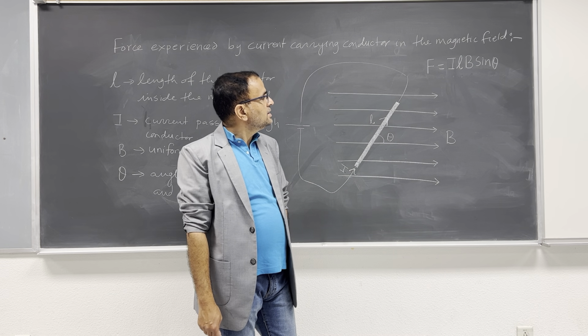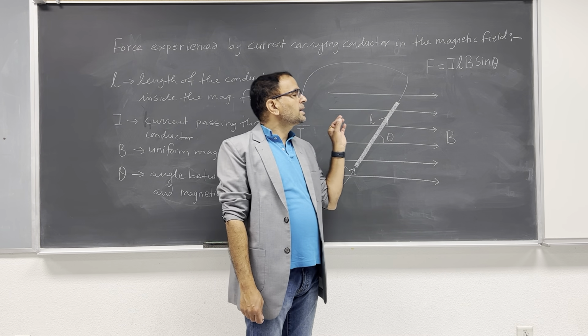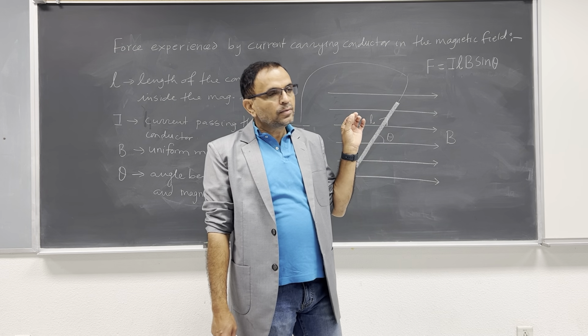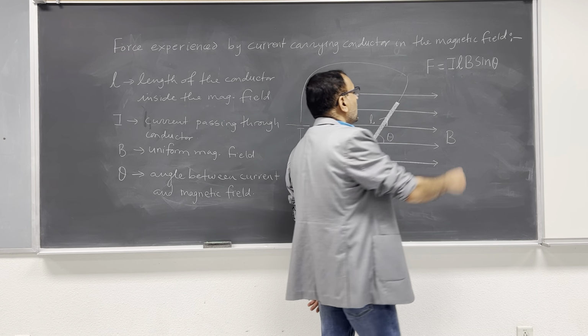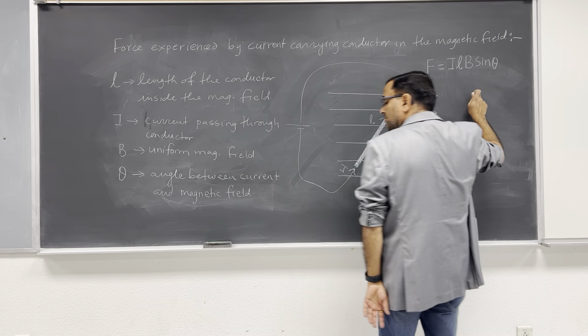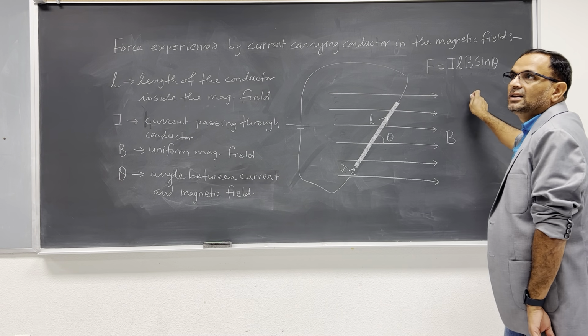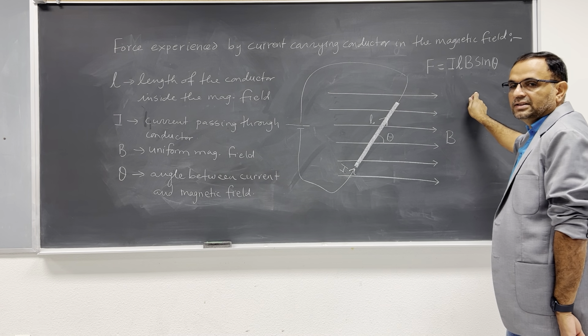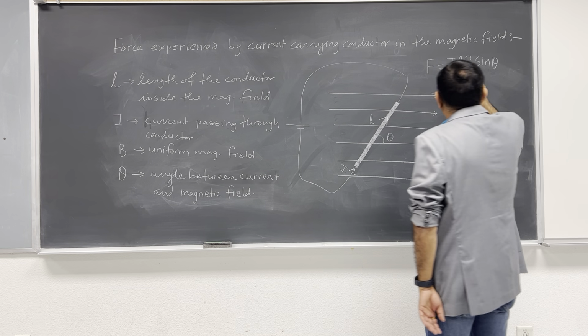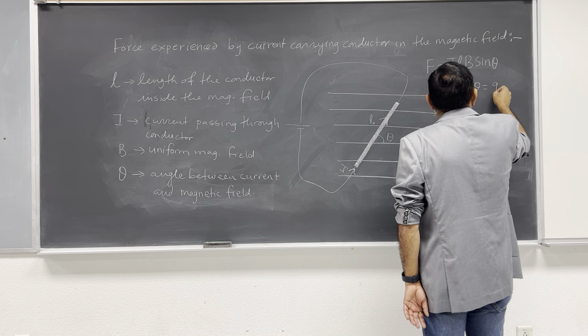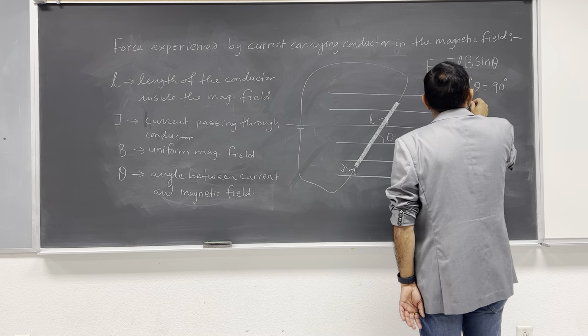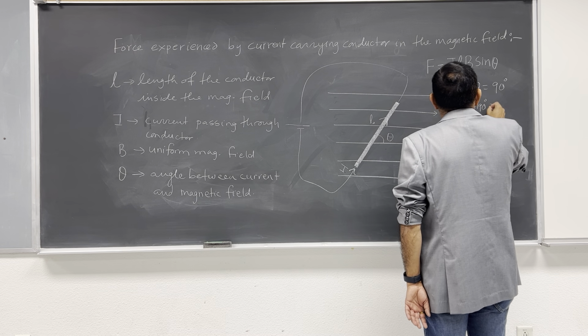So when do you get the maximum force then? You know the sine function, the maximum value of the sine function is 1. If theta is equal to 90 degrees, then sine 90 degrees is equal to 1.